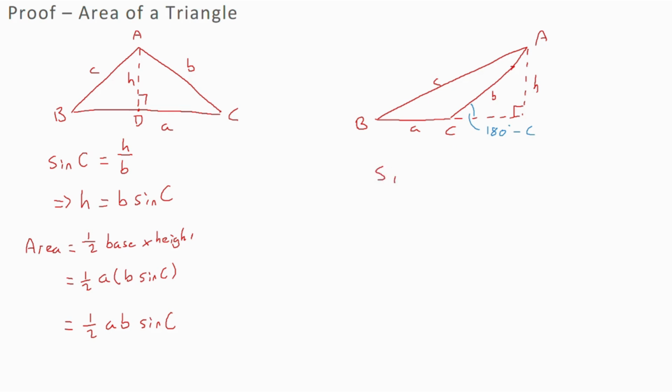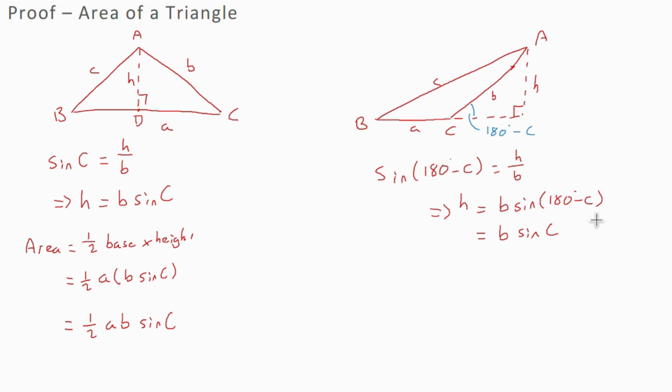So in this case, we know that sine of 180 minus C is equal to the opposite over the hypotenuse, so H over B, which gives us H is equal to B sine of 180 minus C. What we will see very shortly, in a couple of lessons' time, is that sine of 180 minus C is the same as sine C. I'm going to ask you to take that on faith for now.